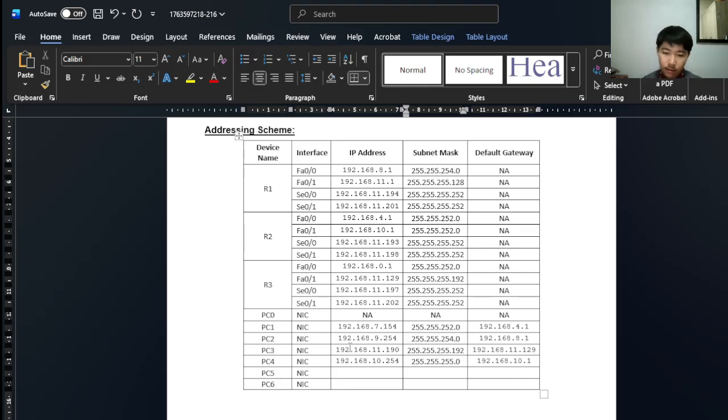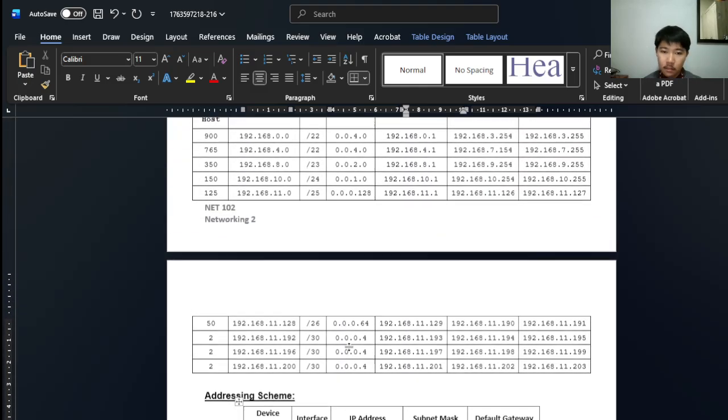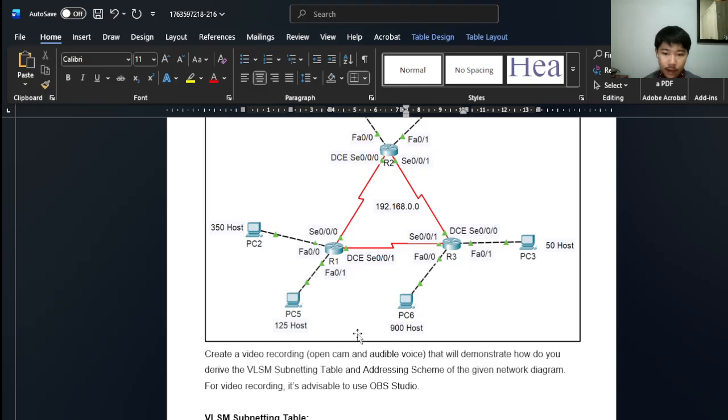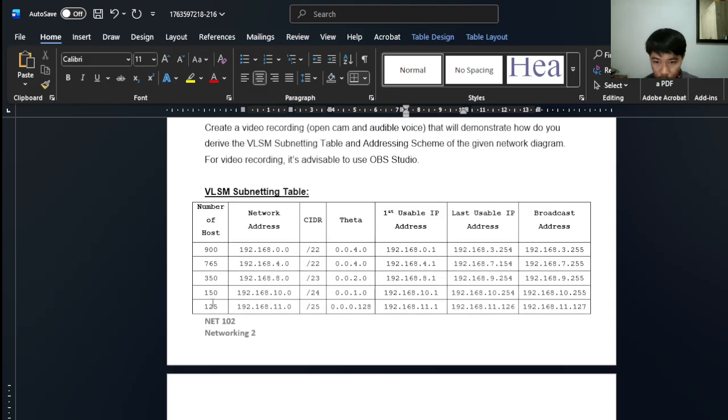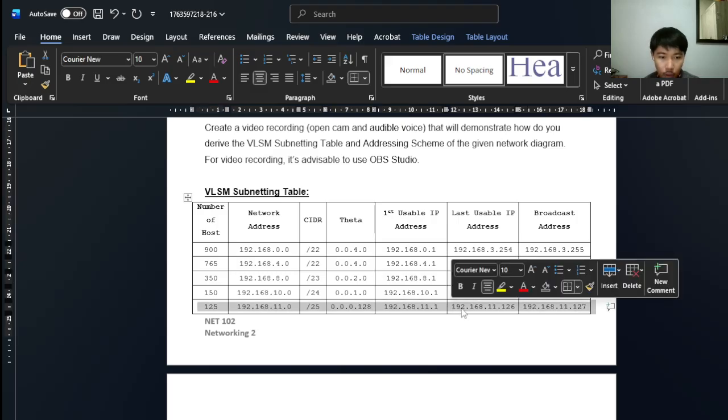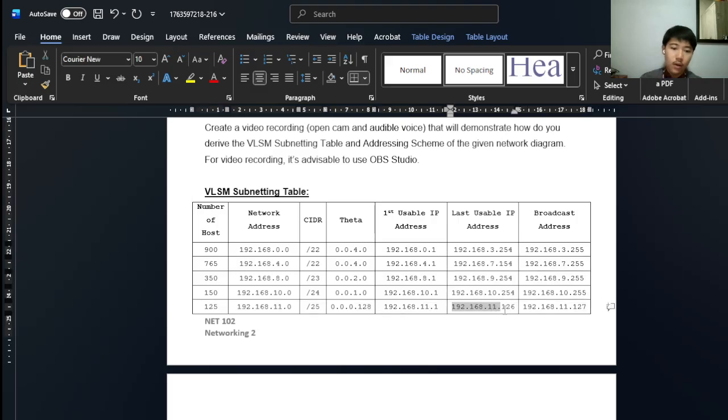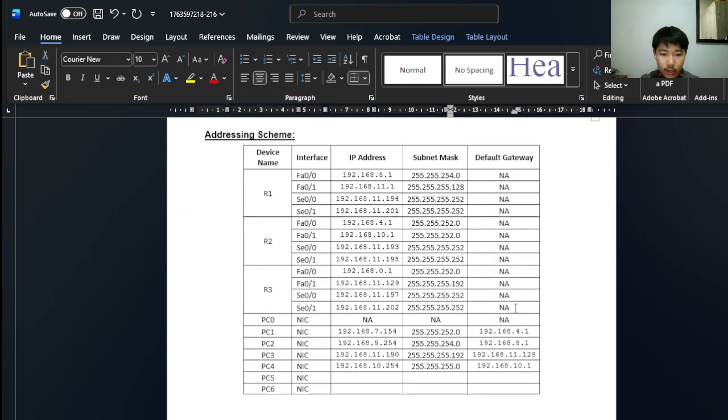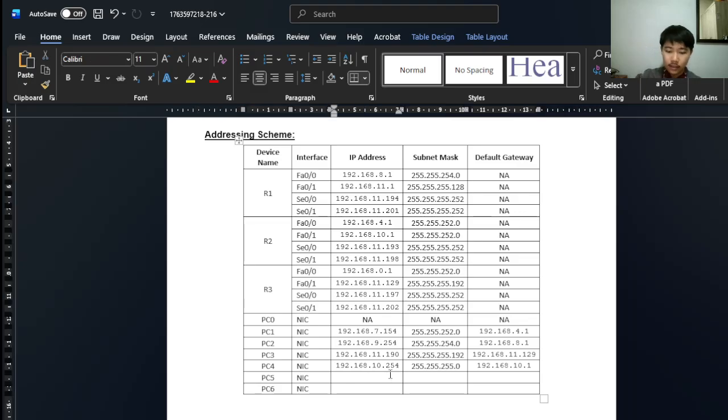So for the next one is the PC5. PC5 is 125 hosts. 125 hosts has a last usable IP address of 192.168.11.126.